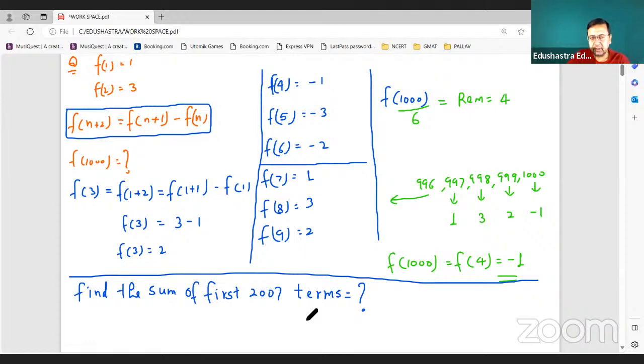For this function, f1 is 1, f2 is 3. Function definition is f of n plus 2 is equal to f of n plus 1 minus f of n, right? Now the question is find the sum of first 2007 terms.